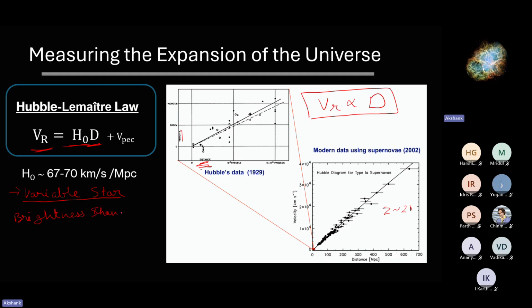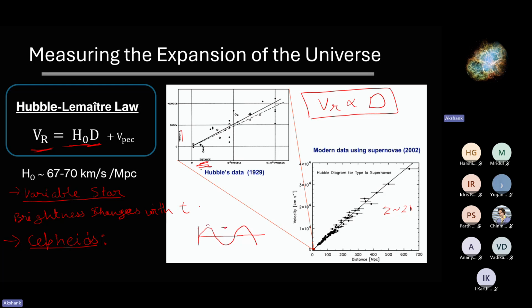Brightness changes with t. For Cepheids, the brightness almost follows a sinusoidal pattern. So the star gets bright first, then it gets dim, then again it gets bright.